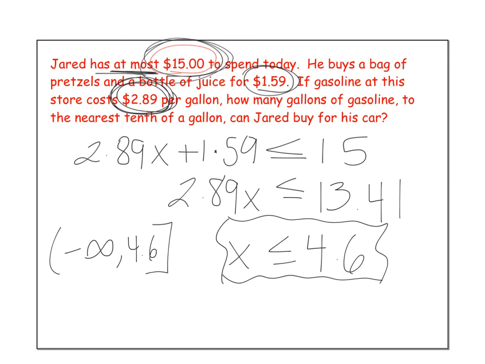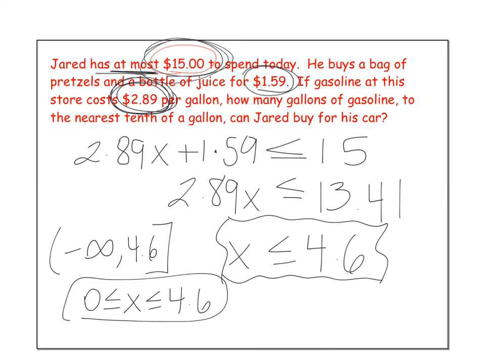But, like I said, because we're talking about gallons of gas, the least he could get would be 0, right? He can get 0 gallons of gas all the way up to 4.6. So that is what I would look for in the application problem, where he can go from 0 to 4.6 in interval notation.